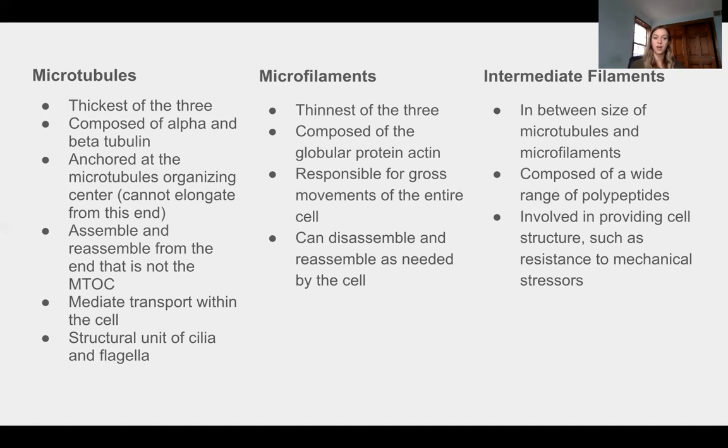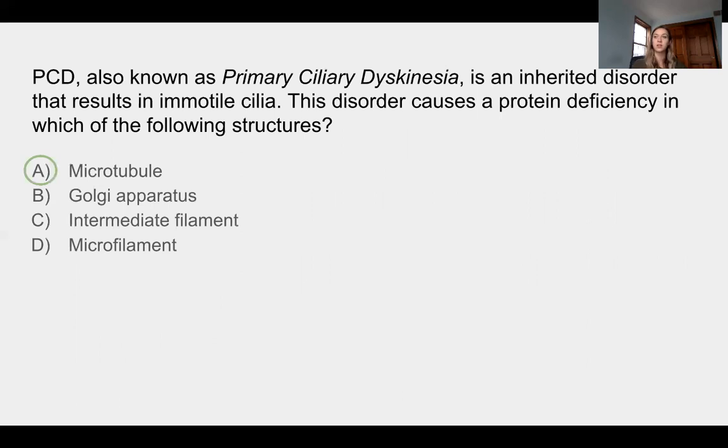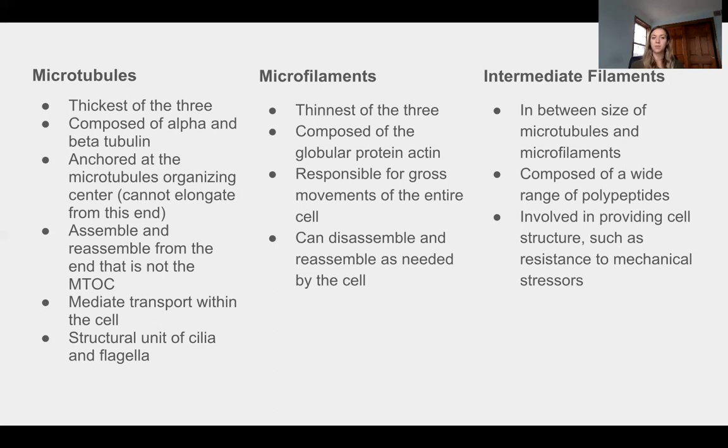It's got a strong anchor there. So that's definitely important to know. So these mediate transport within the cell, and they are the structural unit of cilia and flagella. So that's why microtubules was the answer for this question, because if you have a disorder in cilia, then it's the microtubule, most likely, that is the root of the problem.